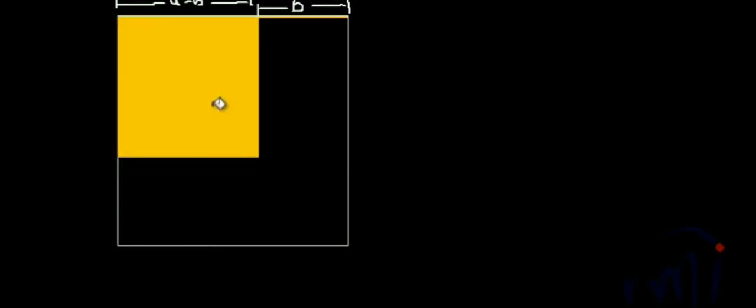We have to find (a minus b) square. So to find (a minus b) square, I am going to make a square of length a minus b. So again, I am going to take yellow color and let me make a square of a minus b. So this is a square which I was talking about. This is a square whose one dimension is a minus b. This much is a minus b.